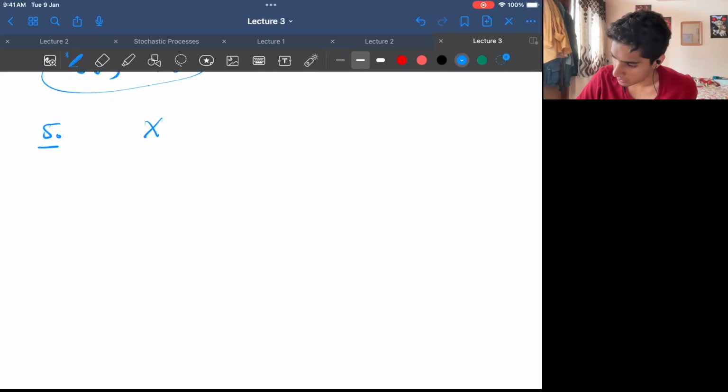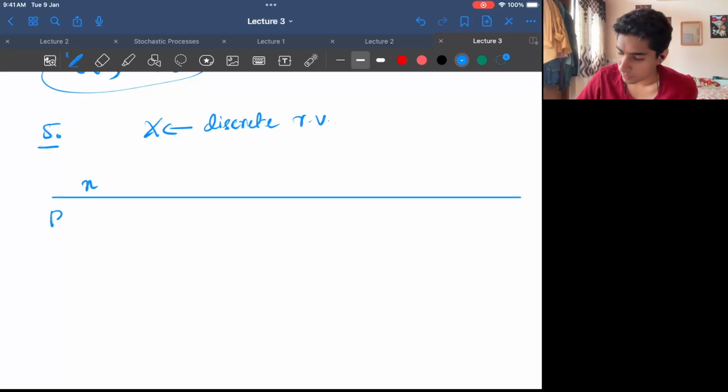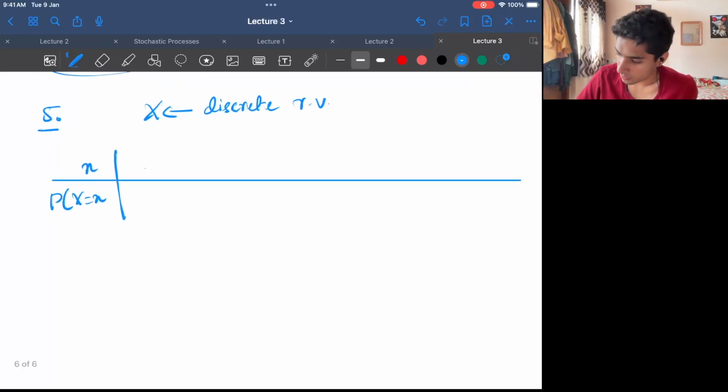So x is again this time a discrete random variable. Now you are given a table, basically a probability mass function table. So x can take some values, right?